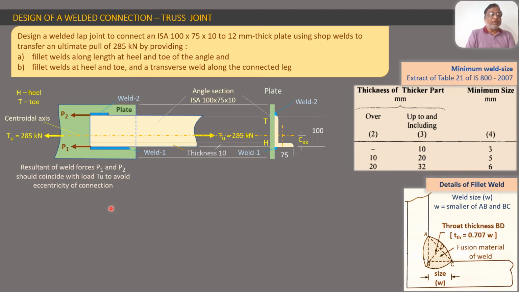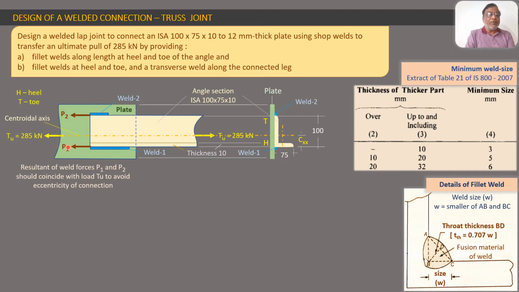Now let us understand this. The forces P1 and P2 should be such that their resultant should pass through this Tu line. Now we see that this Tu line is not at the exact geometrical center of P1 and P2, because of unsymmetry of the angle section.